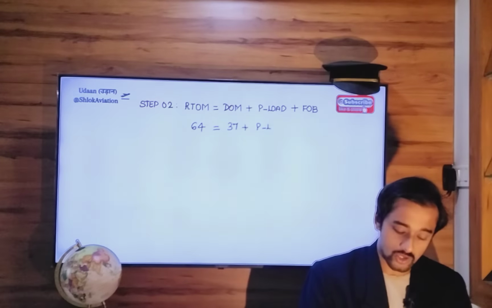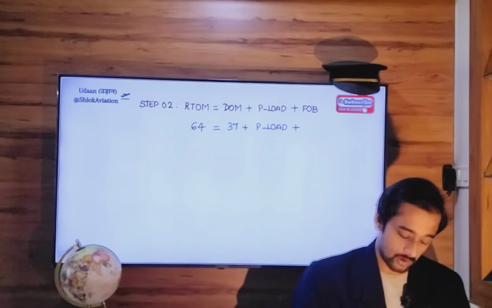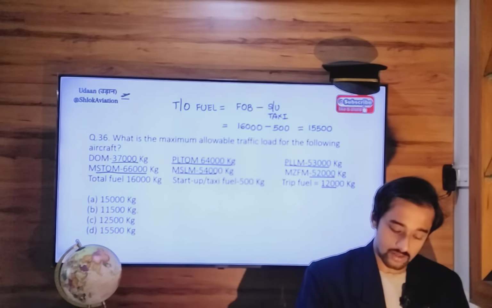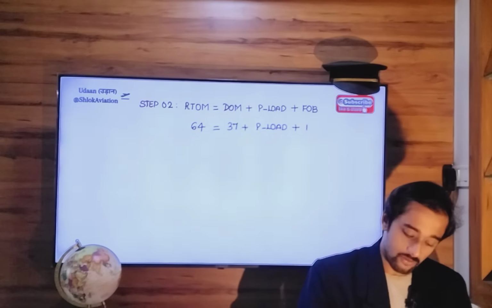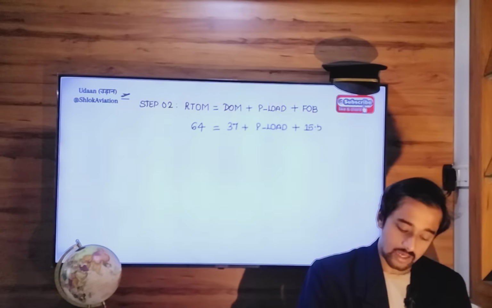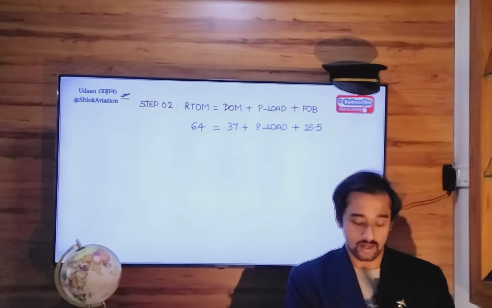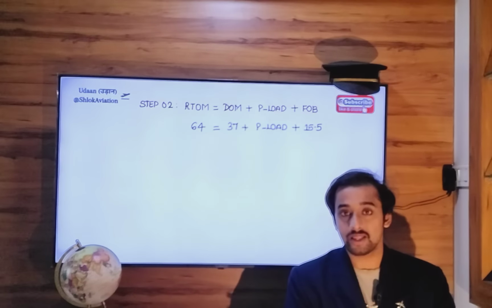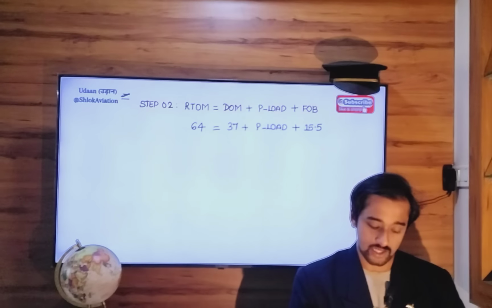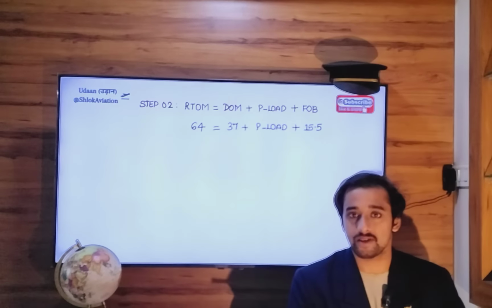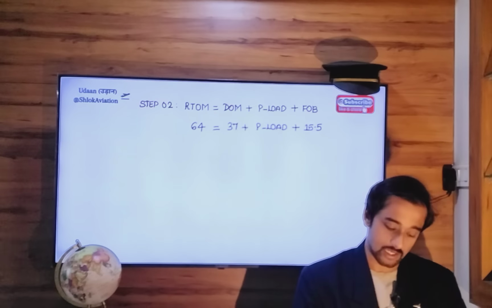Payload you don't know, so write it as it is. Fuel on board is 15.5. Instead of writing 15,500 or 64,000, 37,000, I have divided those big numbers by 1,000 to get a smaller number, 64, 37. It becomes easy for calculation.